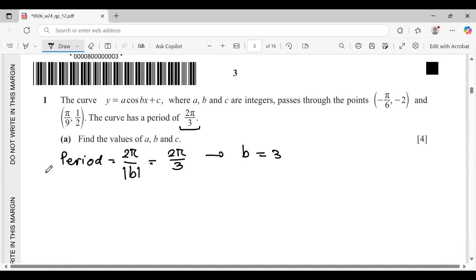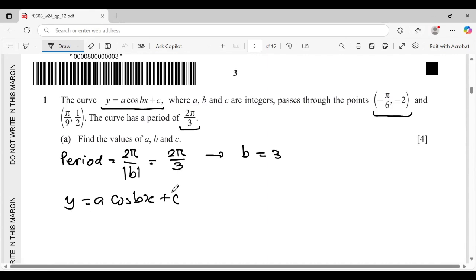After that, this curve is y equals a cosine 3x plus c, and it's true based on this information, minus pi over 6 and minus 2.